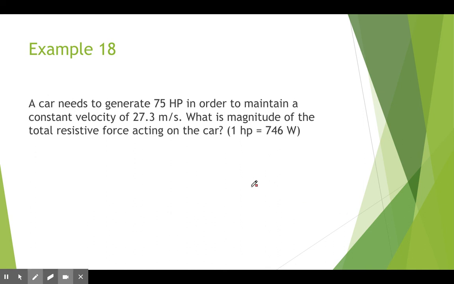Okay. In 18, we have a car needs to generate 75 horsepower in order to maintain a constant velocity. Okay, so first issue here is horsepower. We want watts, not horsepower, for the purpose of our equation.